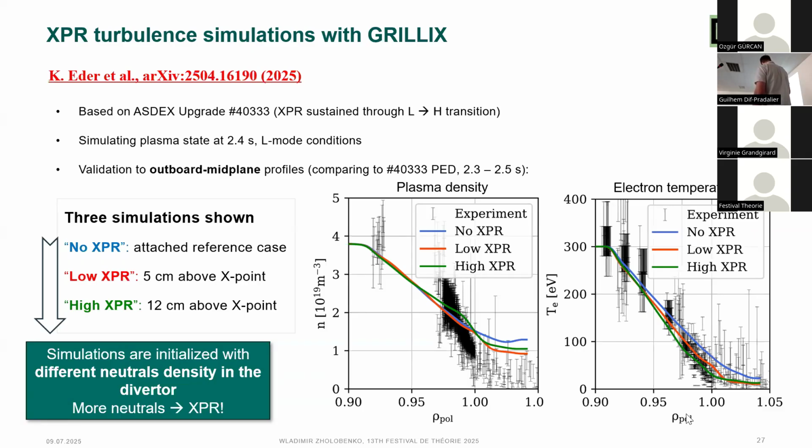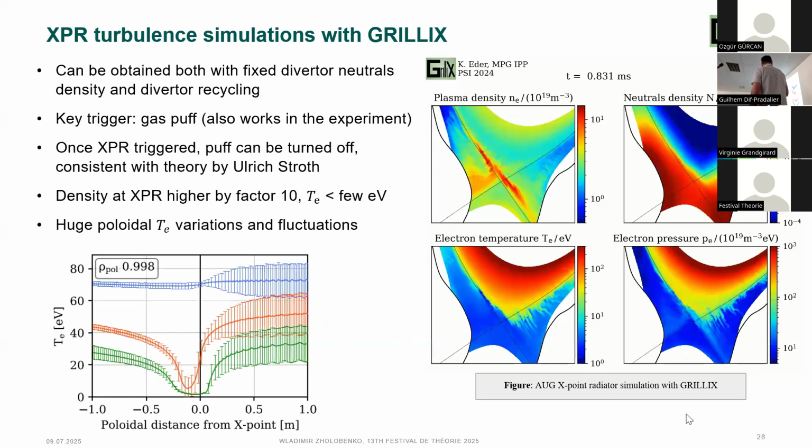Particularly for the temperature, I would say we get a very good match. For the density, the high X-point radiator case has a similar form as the experiment, but it appears radially shifted outwards. This might be due to experimental uncertainties, but more or less it's a reasonably good agreement with which we can live. Here you see a movie in the low X-point radiator case.